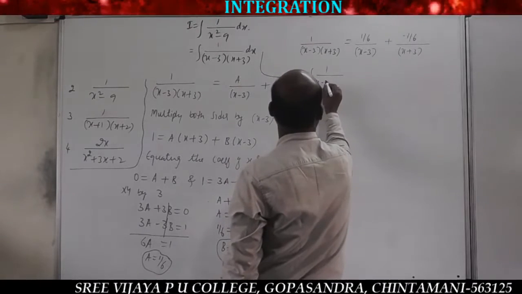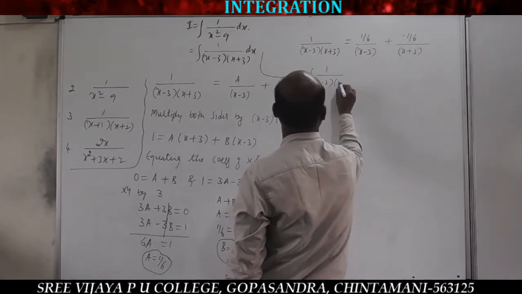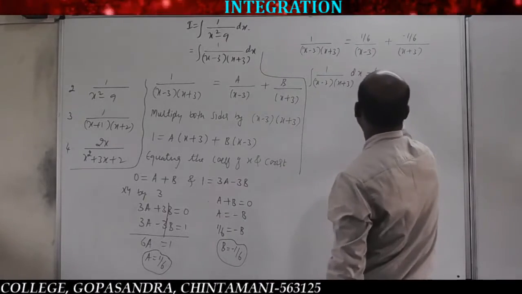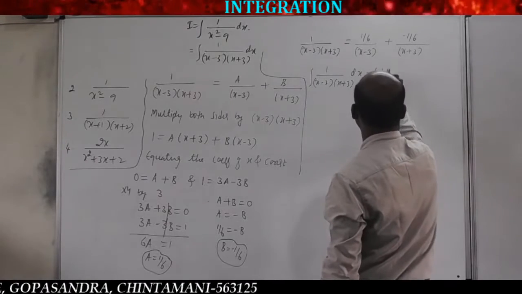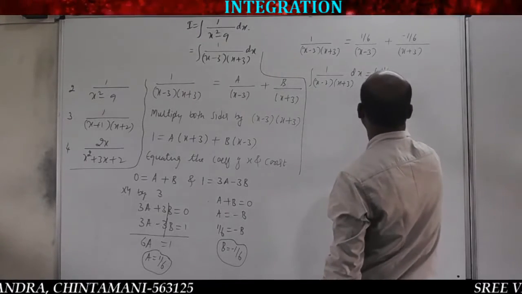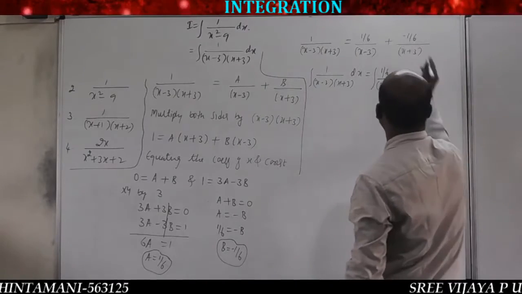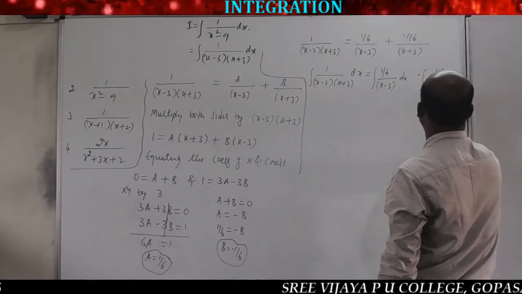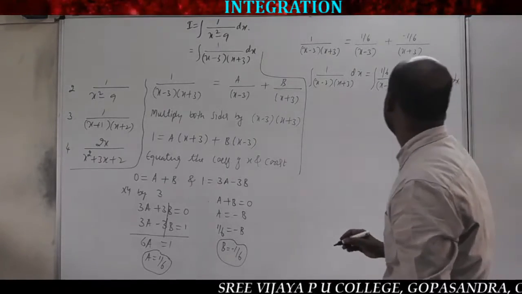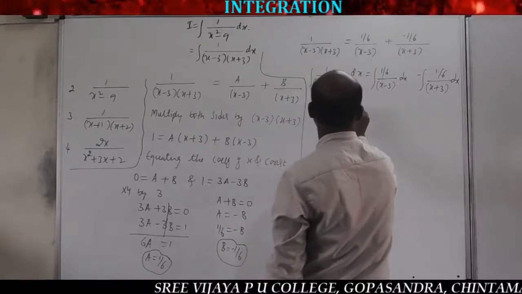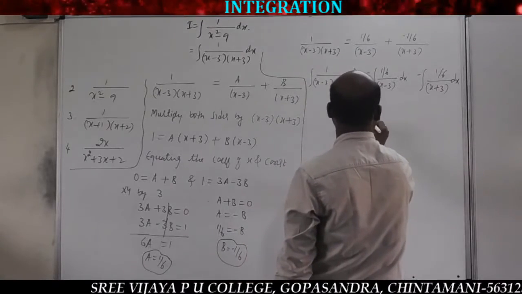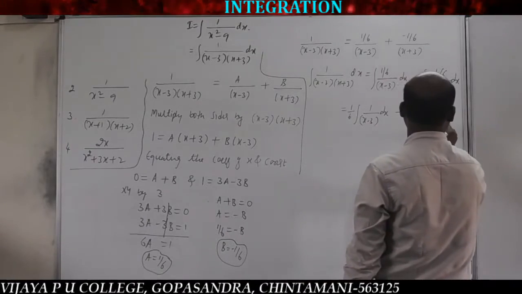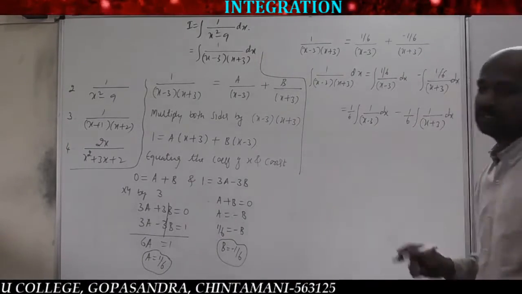Integral of 1 upon x minus 3 into x plus 3 with respect to x equals the integral of 1/6 by x minus 3 with respect to x, plus minus 1/6 divided by x plus 3 with respect to x. So that is equal to 1/6 constant, integral of 1 upon x minus 3 with respect to x, minus 1/6 integral of 1 upon x plus 3 with respect to x.